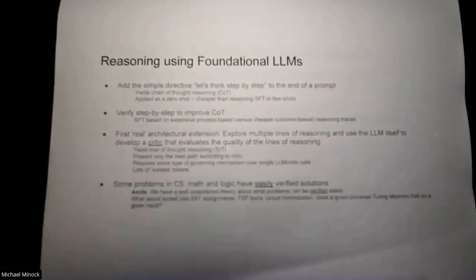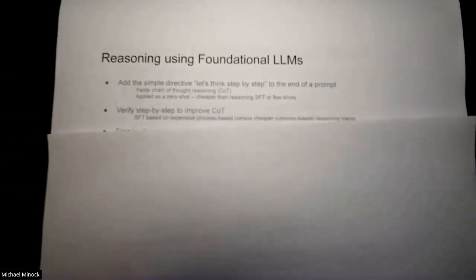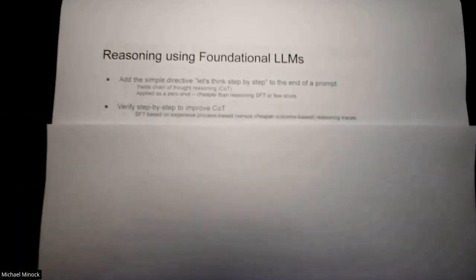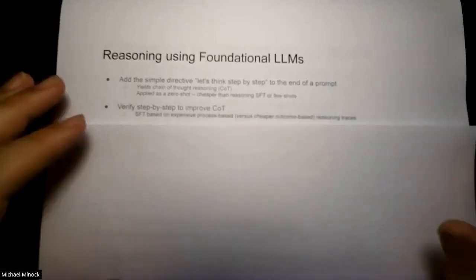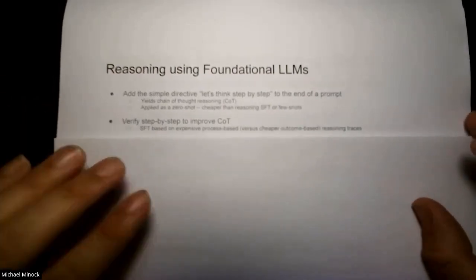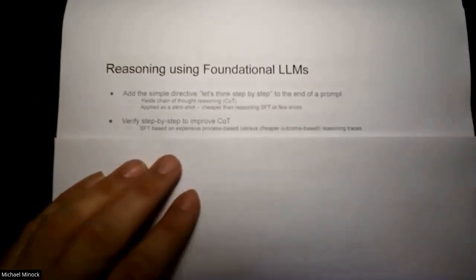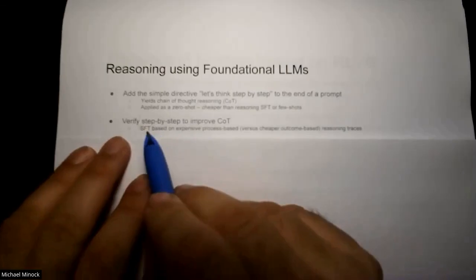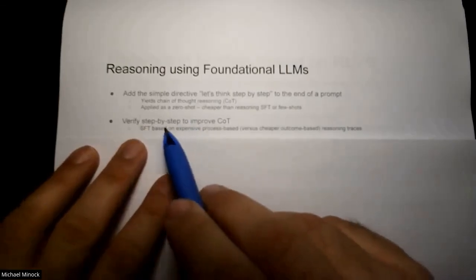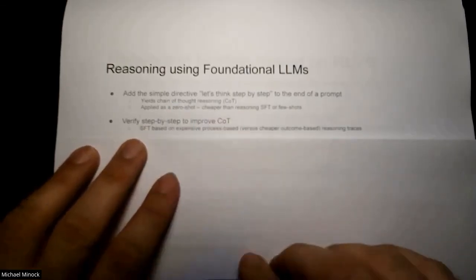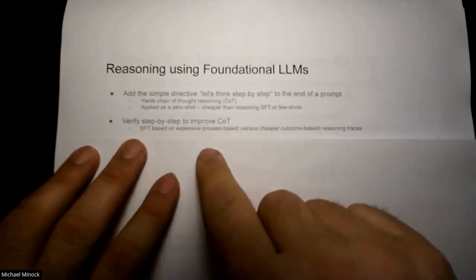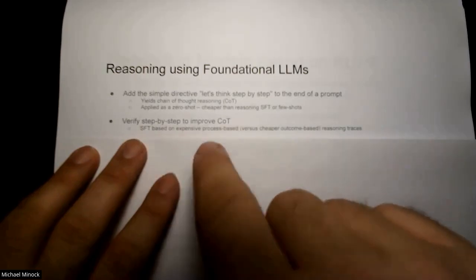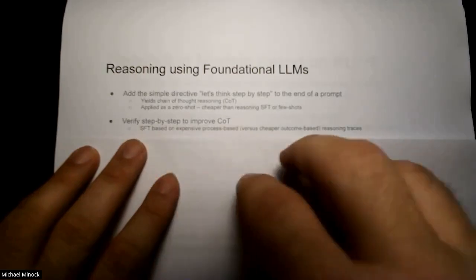So what's the next step that was taken to go beyond that? That already gives us a little bit of reasoning for very cheap. Another way of doing it is to do supervised fine tuning. We're going to have a whole bunch of reasoning traces where we're showing the reasoning of the problem.